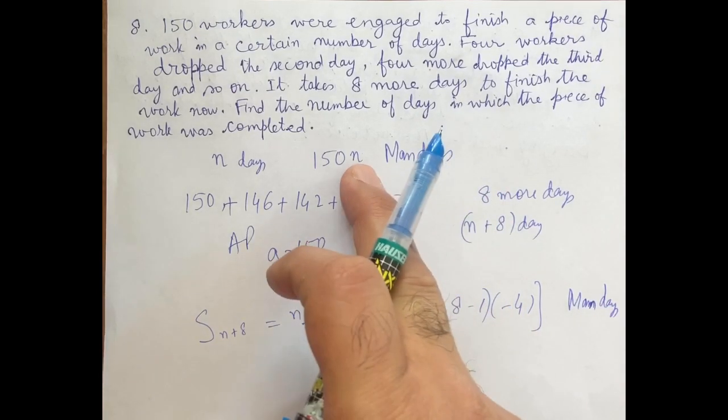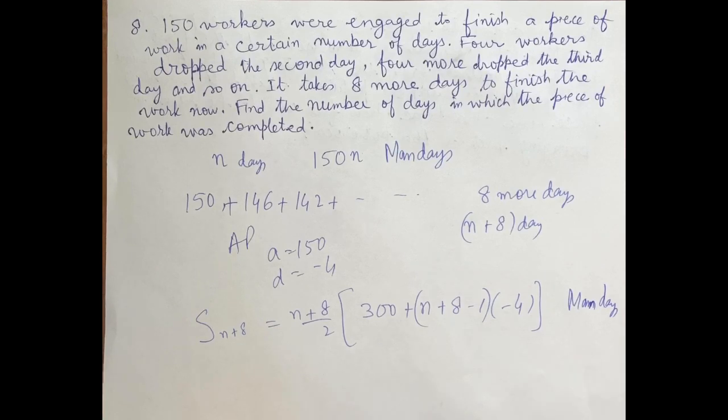So this number of man days and this must be the same. So equating the number of man days, this is n plus 8 upon 2, this is 300, plus n plus 8 minus 1 is n plus 7, so this is n plus 7 into minus 4.